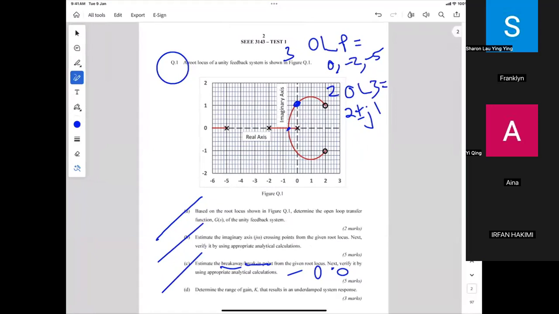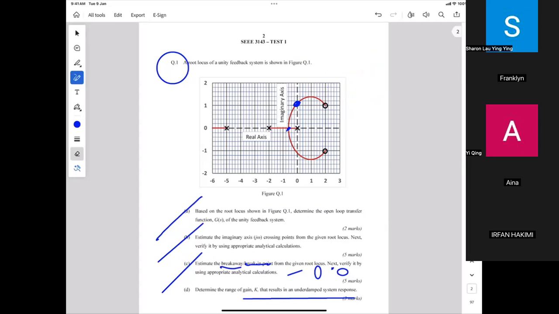Then determine the range of gain K that results in the underdamped response. How to do it? The last one.